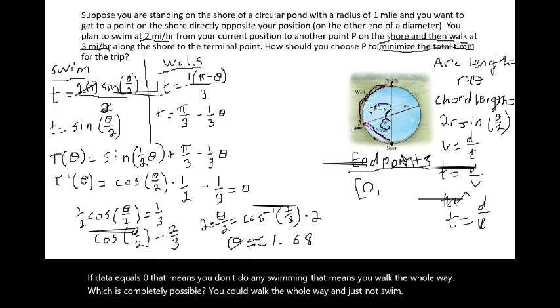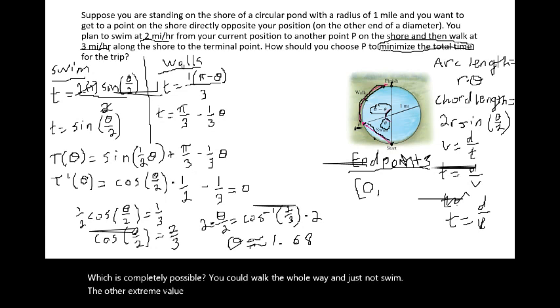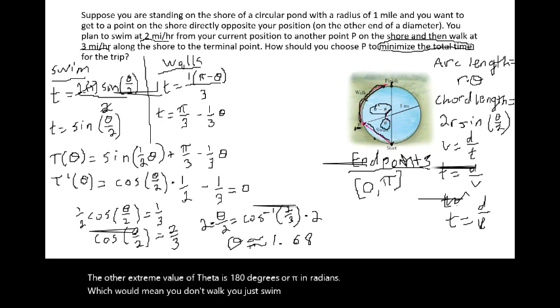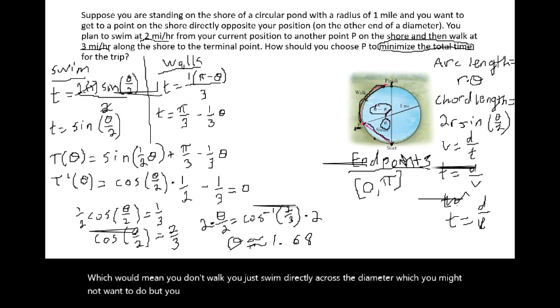The other extreme value of theta is 180 degrees, or pi in radians, which would mean you don't walk, you just swim directly across the diameter, which you might not want to do, but you could do it. It is plausible. So your endpoints are plausible.